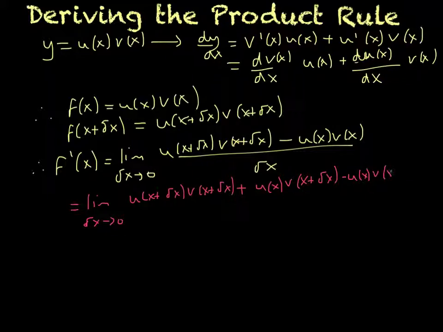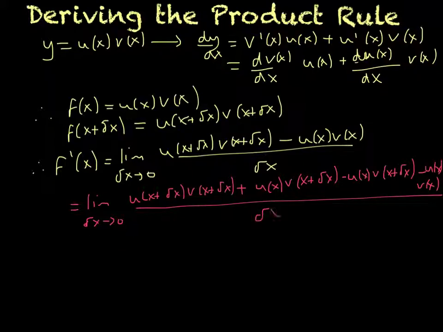So I can't have anything for free. I'm going to add this and then take it away, and then put my u of x, v of x back in there. So nothing's changed. I haven't changed my object, but I've just done a little bit of trickery. Why have I done that? Well, this means that I can start taking common factors out.